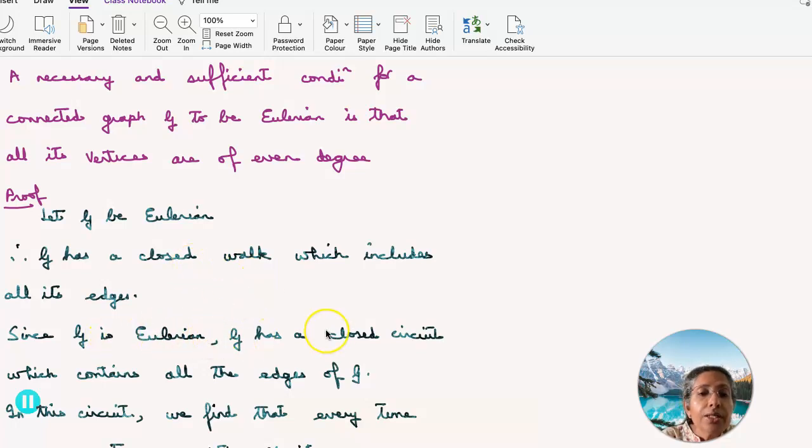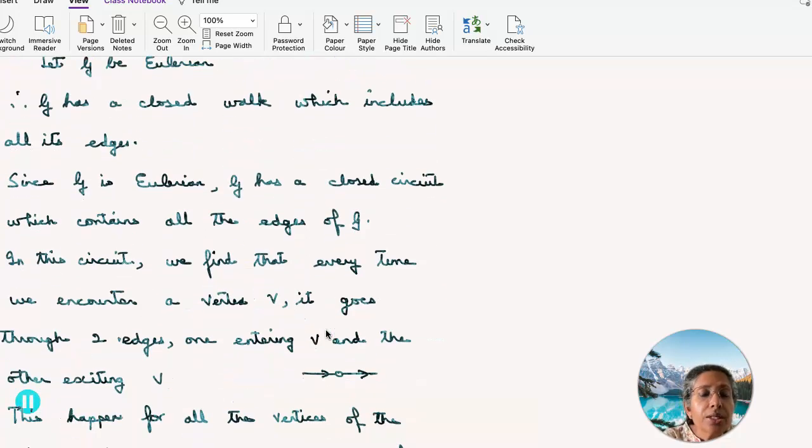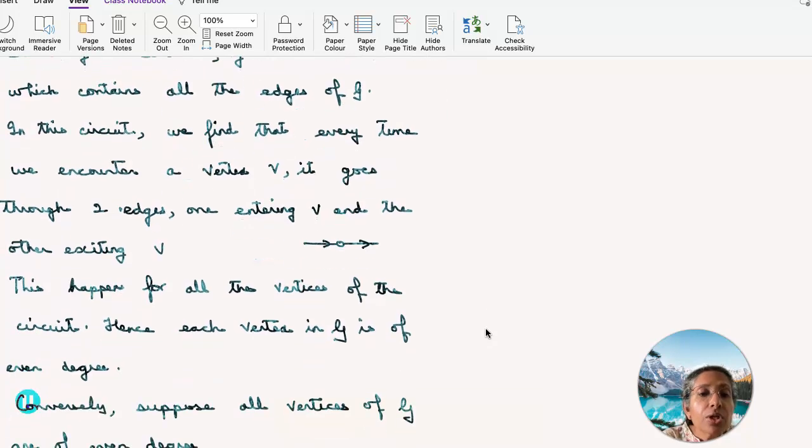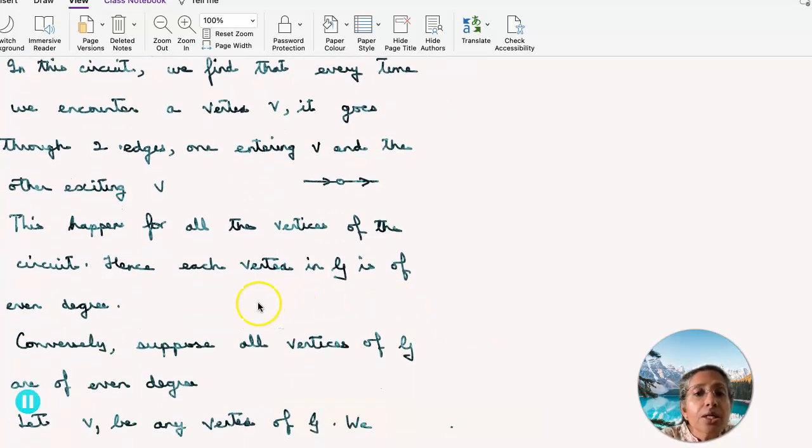Since G is Eulerian, G has a closed circuit which contains all the edges of G. In this circuit, every time we encounter a vertex V, it goes through two edges, one entering V and the other exiting V. This happens for all the vertices of the circuit. So each vertex is of even degree because as an edge enters, it also comes out.